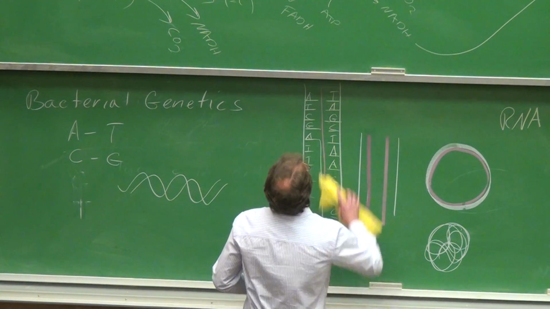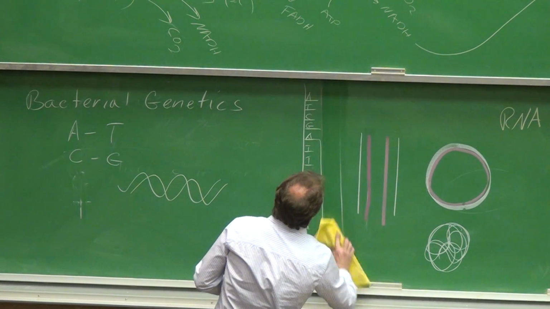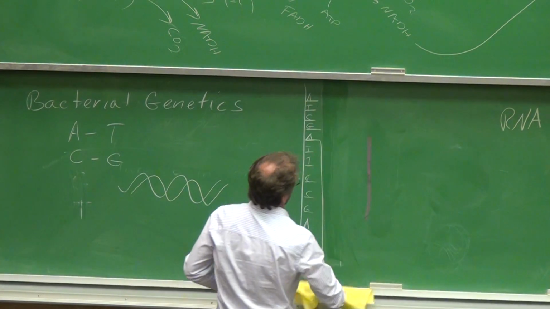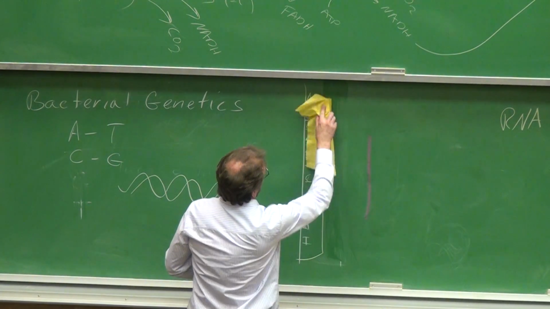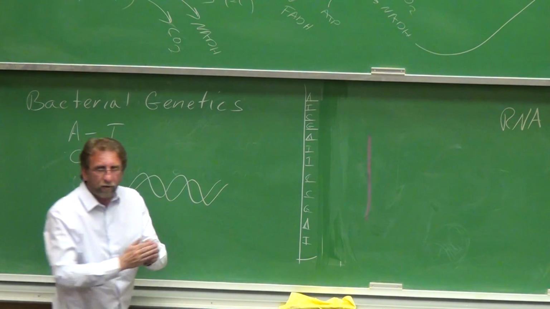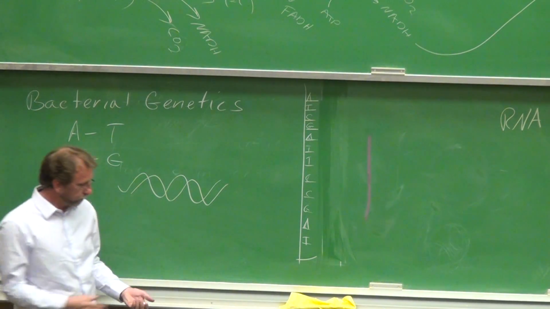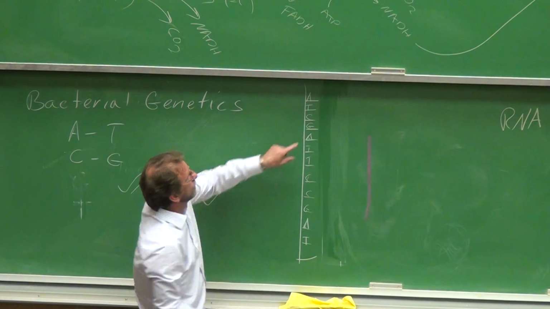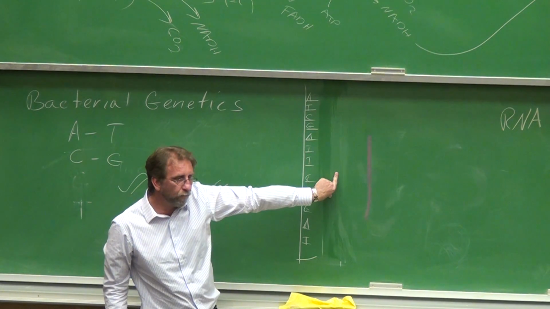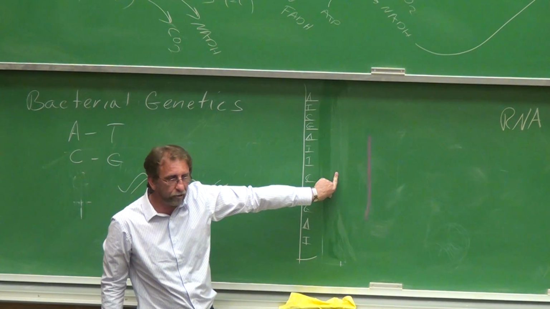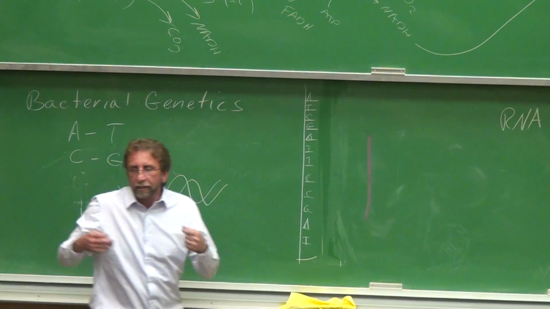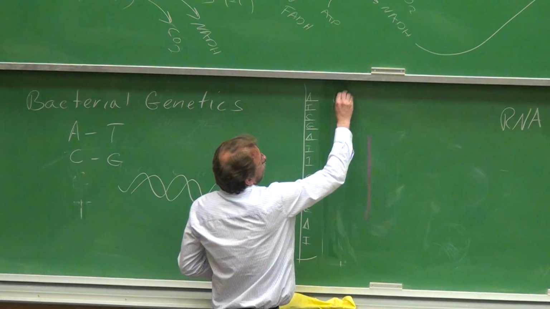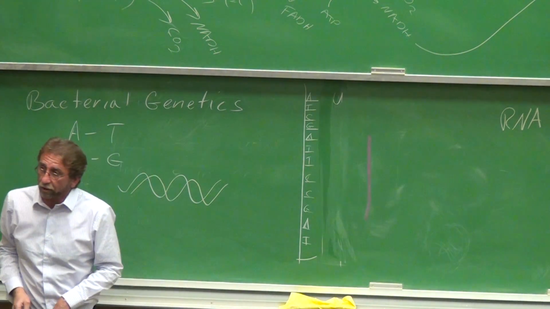So if we were to pull this away now, we've unzipped our DNA molecule. Our RNA is going to come in and we're going to replace those nucleotides that have been removed with complementary nucleotides, except that in the case of adenosine, RNA uses a uracil molecule instead of a thymine molecule.